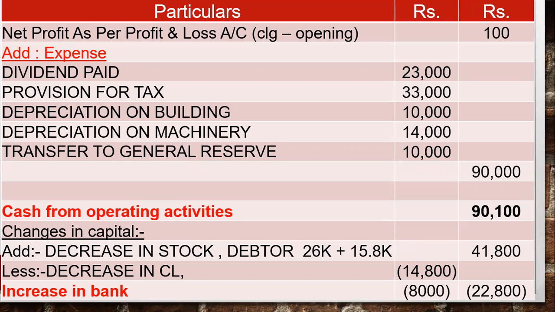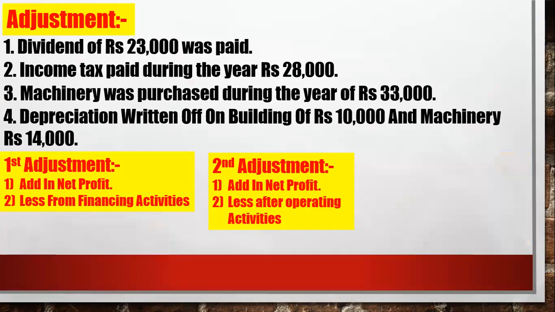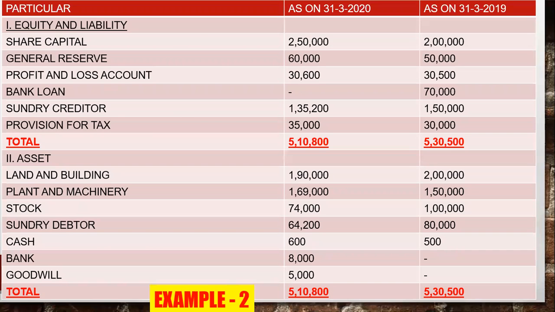Yesterday we have seen this one in the question. You can see in the asset side there is a line called goodwill. We have discussed that goodwill is not my current asset, it's an intangible asset.